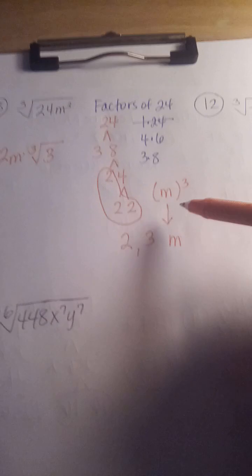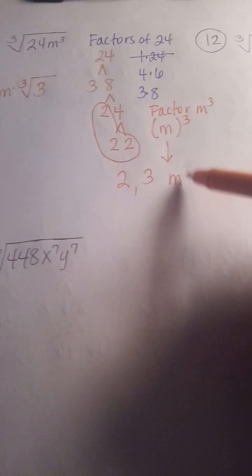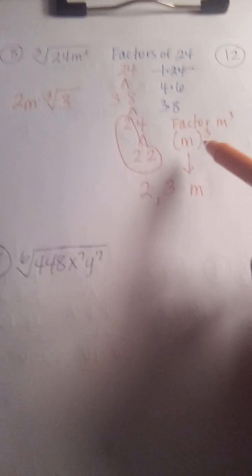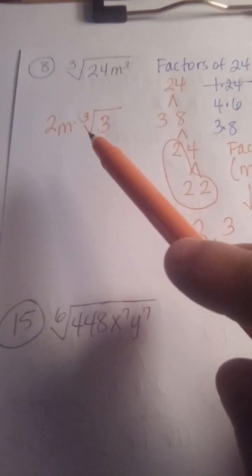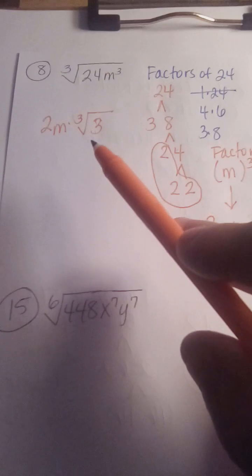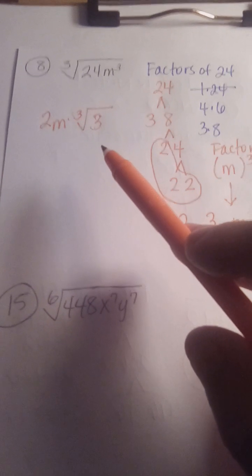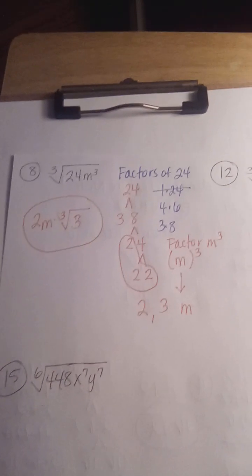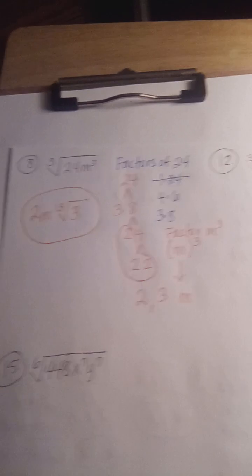And this is how to get the M. My mistake. I forgot this part. So when you factor out the M, you need to factor out the M cubed. And this will come out. That's how to get the M by itself. Because the number 3 shows up inside the index. So you got 2M, index of 3, square root of 3. And that's our final answer. My apologies on that mishap. But you see how I got that part? So, any questions on number 8?